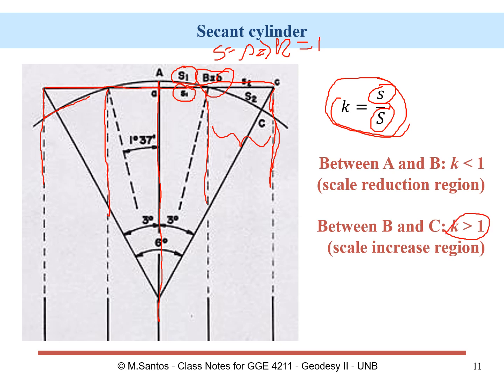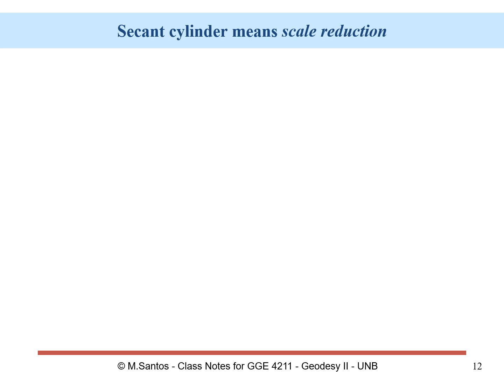So that's a very important characteristic of the UTM system. The use of a secant cylinder implies reduction in scale. This concept can be seen geometrically.